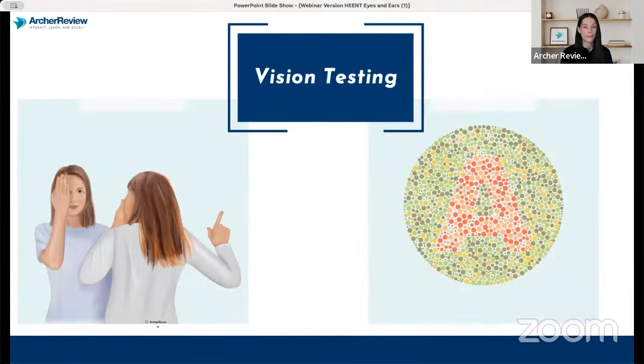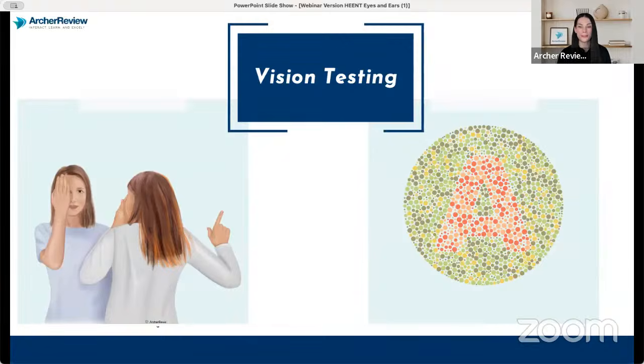What about peripheral vision? You can see this patient here is performing this exam. What is this called? I think I see some out there.